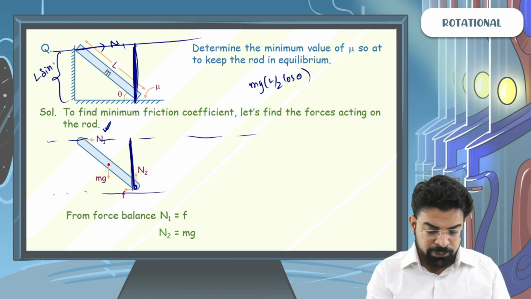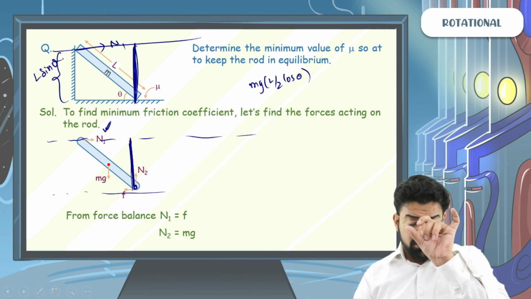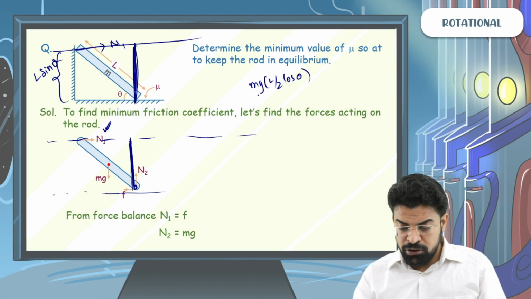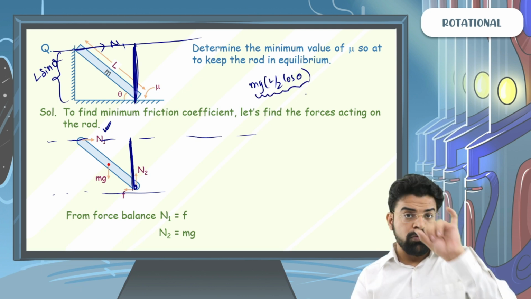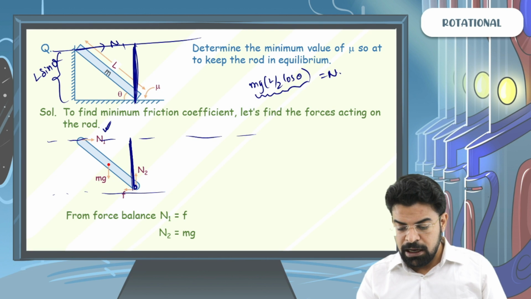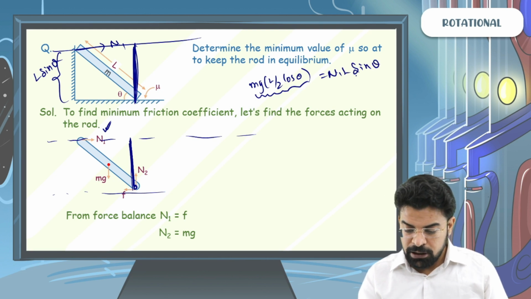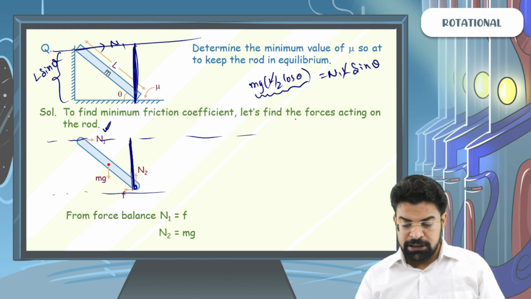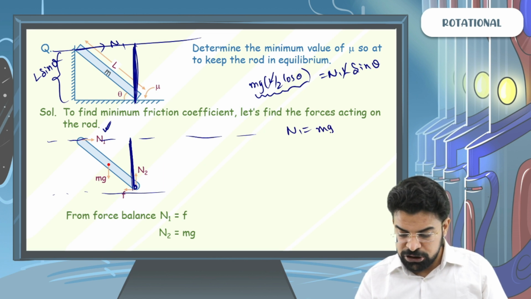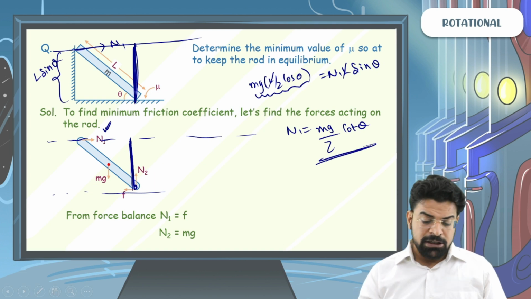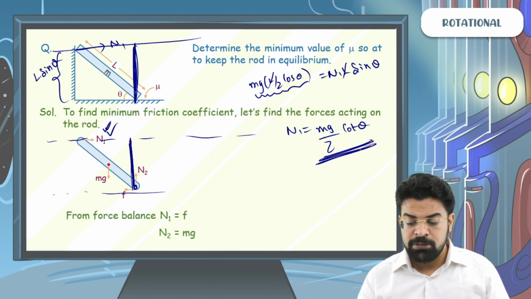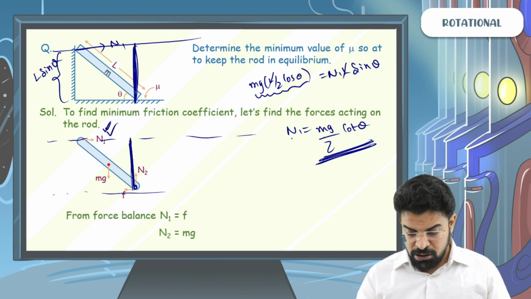So the anti-clockwise torque due to the weight, mg into L by 2 cos theta, has to be equal to N1 into L sine theta. Cancelling L on both sides, you get N1 equals mg by 2 cos theta by sin theta, which is cot theta.